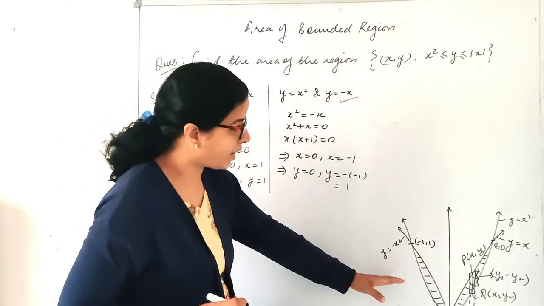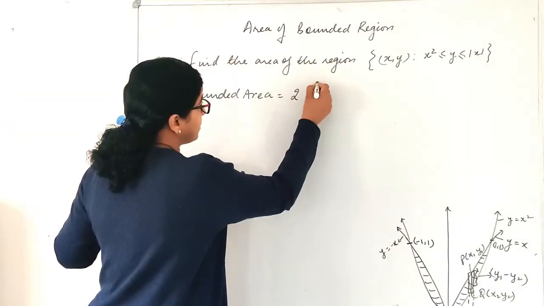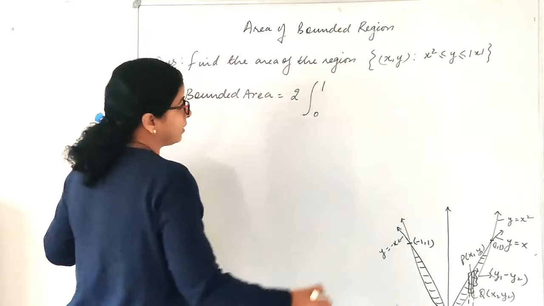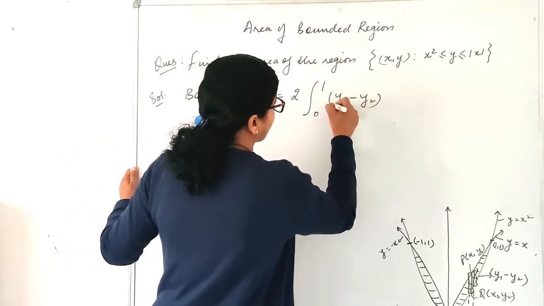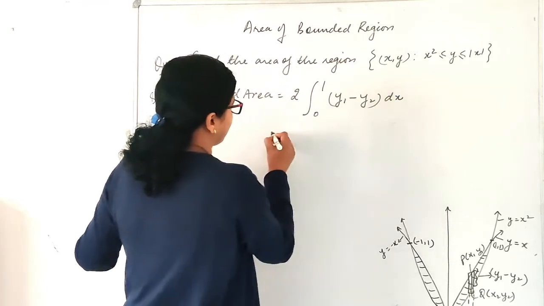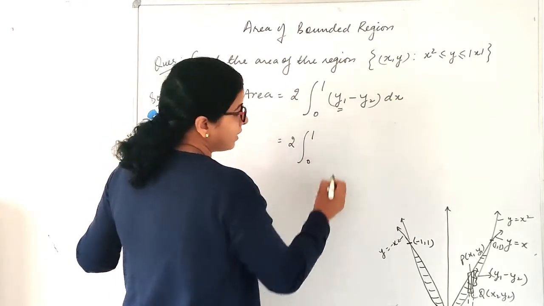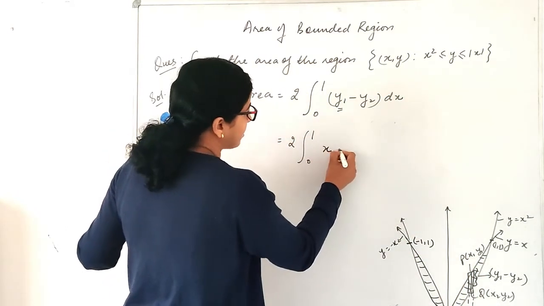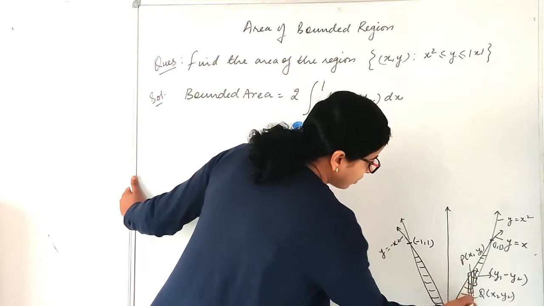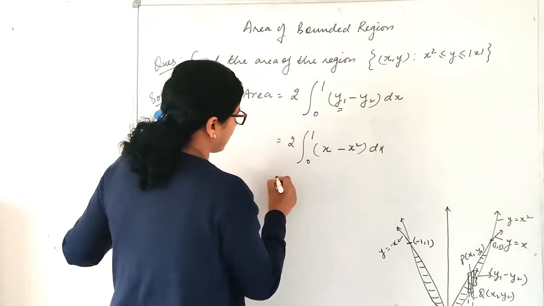Now we have to find the bounded area. So bounded area is equal to twice the integral from 0 to 1. The length of my rectangular strip is y1 minus y2 into dx, right? So equals 2, 0 to 1. Now y1 lies on the line, so the value of y1 will be x, and y2 lies on the curve, so it is x square dx, equals twice.